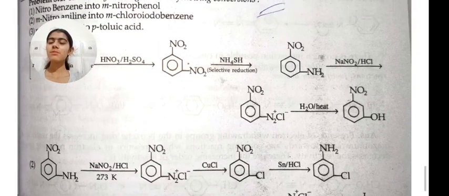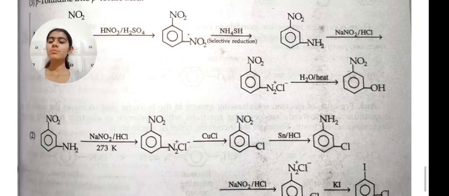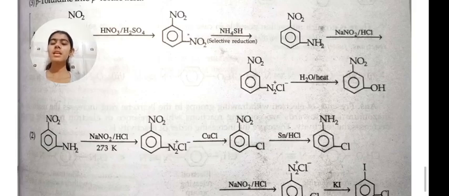The second conversion is meta-nitroaniline into meta-chloroiodobenzene. So meta-nitroaniline undergoes a diazotization reaction. Then we can see the NH2 group is converted into N2⁺Cl⁻, and the nitro group remains as such.